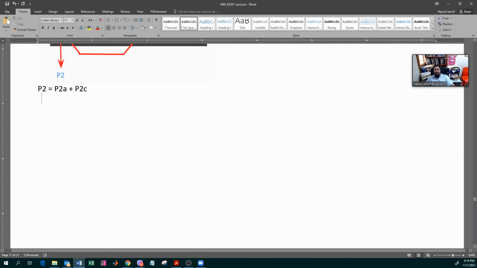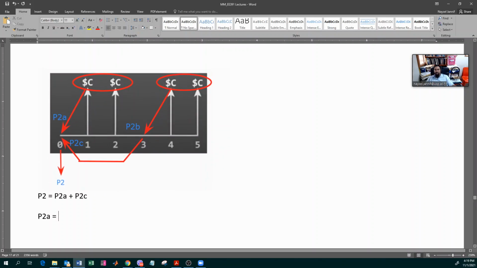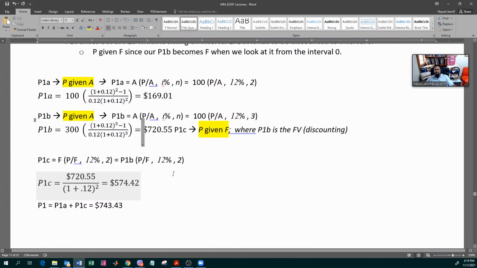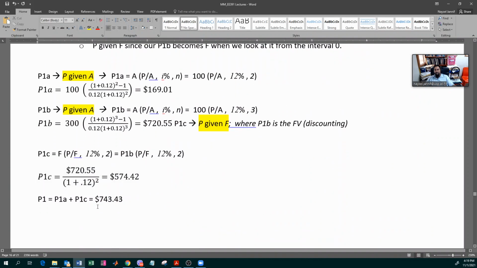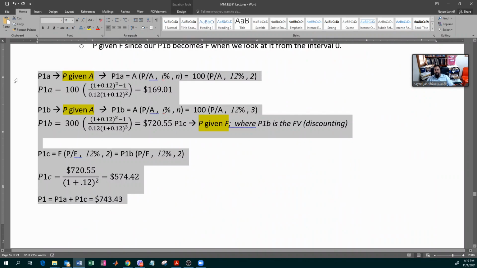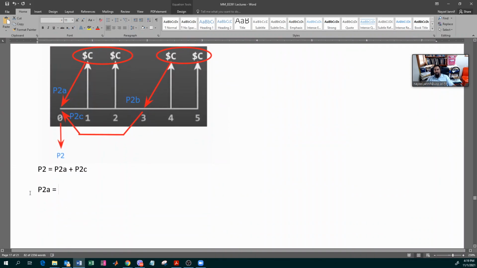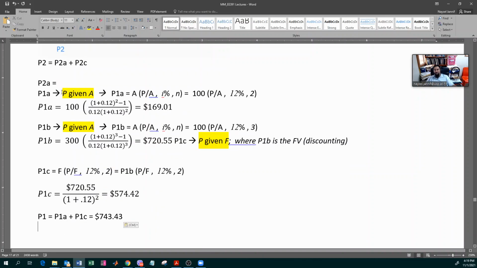Now let's go ahead and calculate our P2A. What is our P2A equal to, guys? P2A would equal to, what would we need to do over here? Okay, let me just copy this and they'll be very, very similar. What is our P2A equal to? What do we need to do?